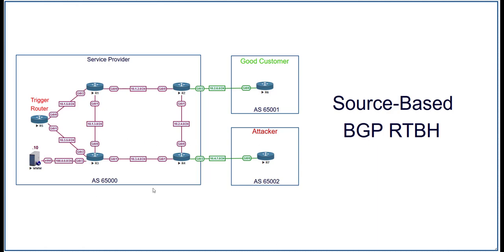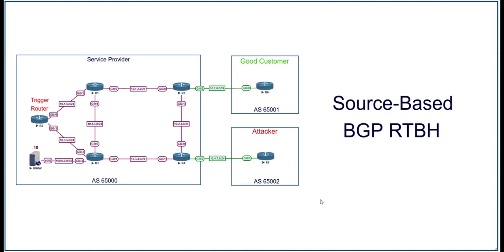I configured the service provider like the previous scenario. We have iBGP full mesh between router 1, router 2, router 3, and router 4. And also we have iBGP neighborship between router 5, the trigger router, and router 2, and also between router 5 and router 4. Between router 2 and router 6 we have eBGP, and between router 4 and router 7 we also have eBGP neighborship.